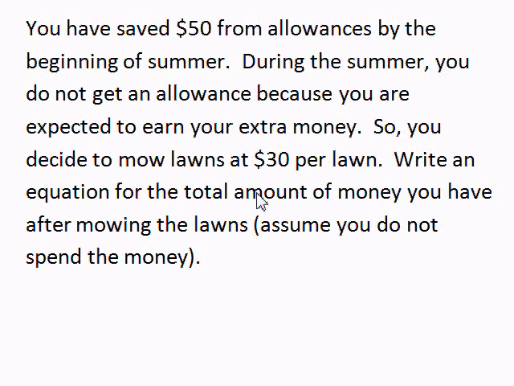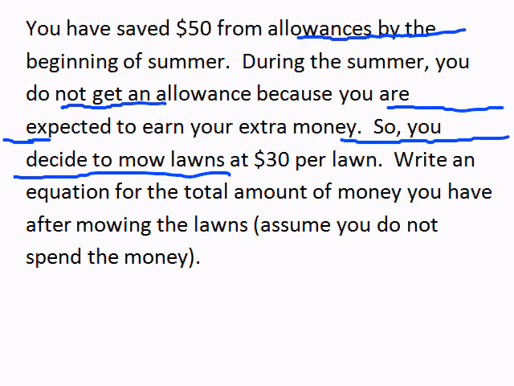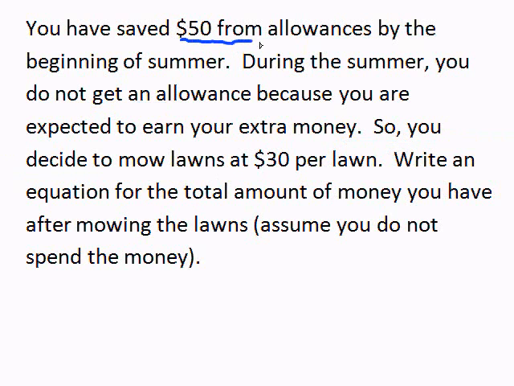So we look at the situation, might read through it a second time to make sure I really understand, and start picking out some information that I think is important, at least initially. I noticed that I've saved $50 from allowances by the beginning of summer. During the summer, I don't get allowance, I'm expected to earn my extra money, so you decide to mow lawns at $30 per lawn.